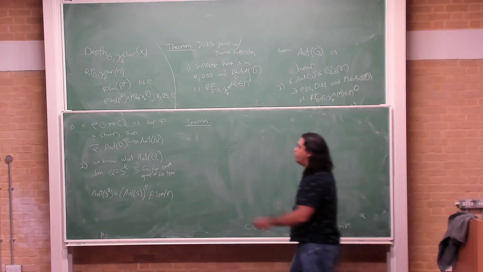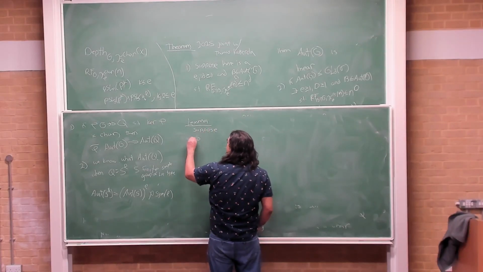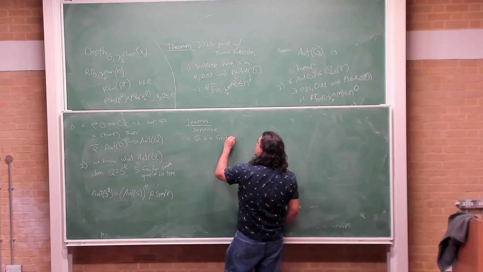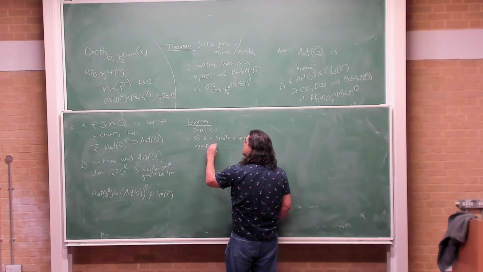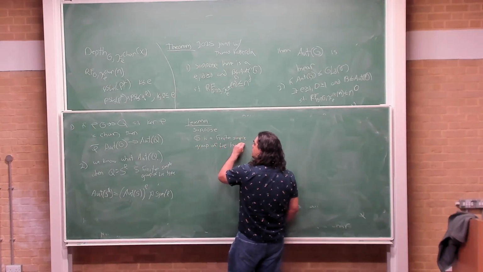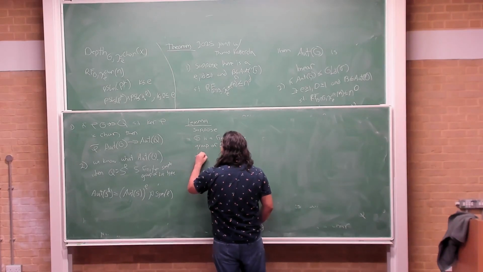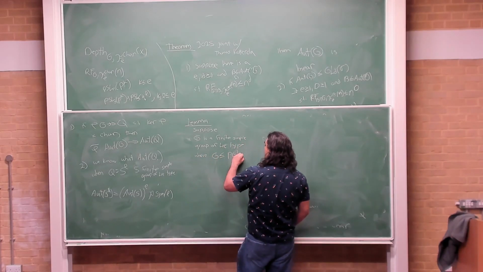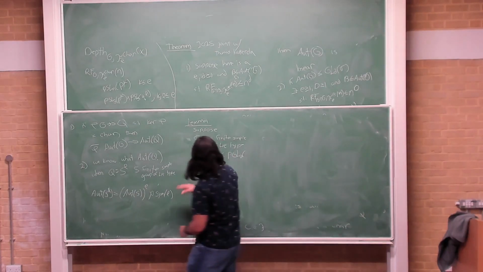Okay, so suppose G is a finite simple group of Lie type, where G has a projective representation of degree D, maybe over Q or F_p.